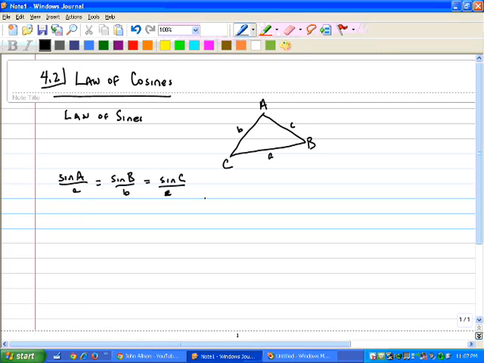We could use this law to solve triangles when we were given two angles and a side, or given two angles and two sides.